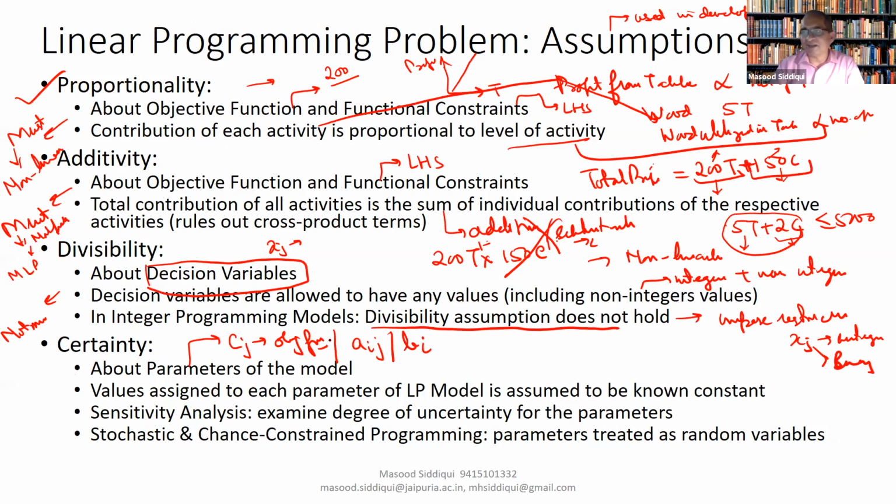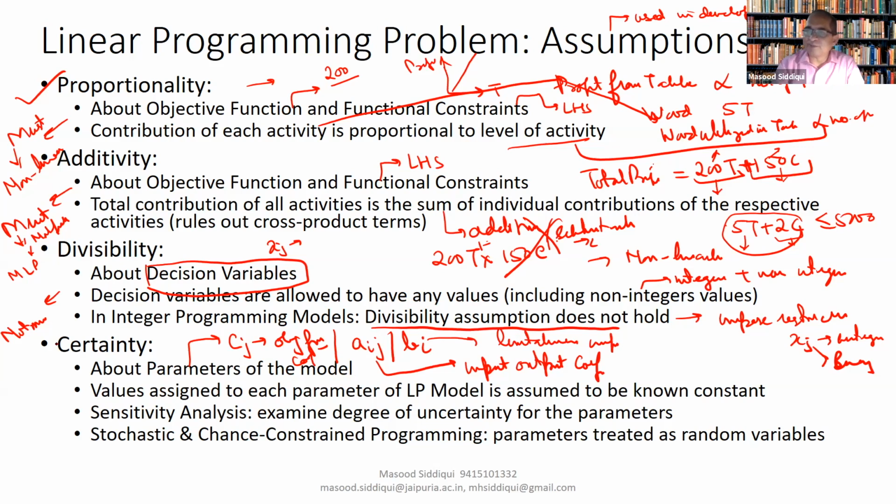These are the three parameters: the Cjs, the objective function coefficients; the Aijs, the input-output coefficients; and the last, the limitations imposed on the system. So it is related to the parameters of the model.